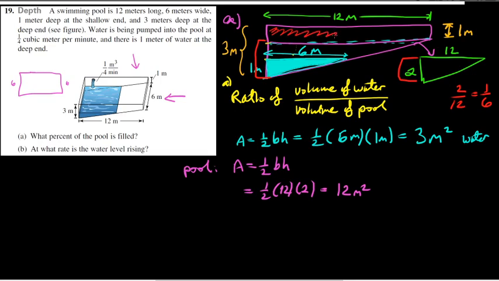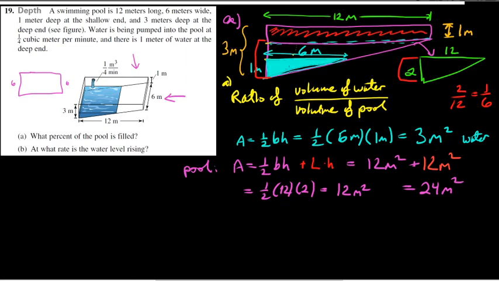There's also this part up here, and that's just a rectangle. The length is 12, the height is 1, so that's also 12 square meters. So this is plus the length times the height. And so, I'll just copy this down, right? So it's 12 square meters for the triangular part, and then it's also 12 square meters for the rectangular part. And so that gives us a total of 24 square meters. Okay.